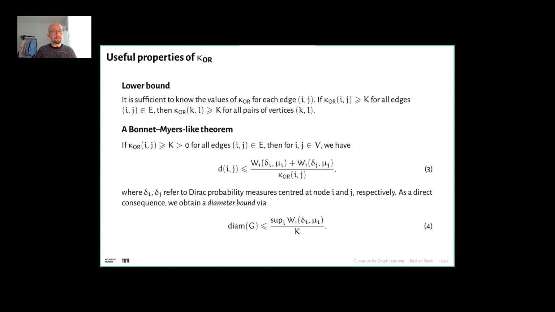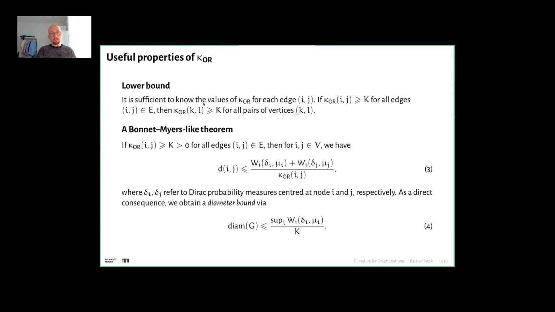Specifically, if we take a Dirac measure centered at a specific node of the graph, and we calculate its transportation distance, with respect to the first Wasserstein distance, to the respective other probability measure around that node, then we refer to this as the jump probability, because it basically tells us how far we are from a Dirac probability measure at a single node, how much we actually jump through the graph.